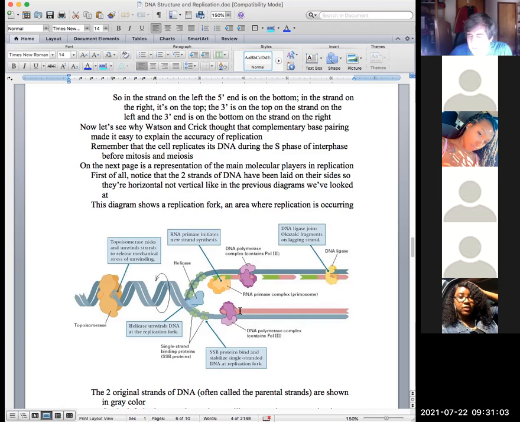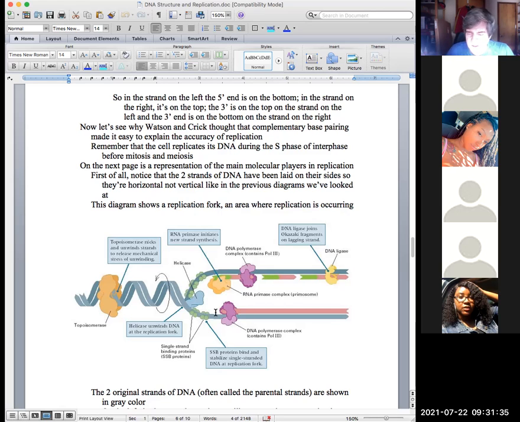Now, until we get these new nucleotides attached, the molecule isn't very stable. So after helicase splits things up, we have some molecules called SSB, single strand binding proteins, that come in and attach to the strand of DNA and stabilize it till the DNA polymerase can come along and put on the complementary base.